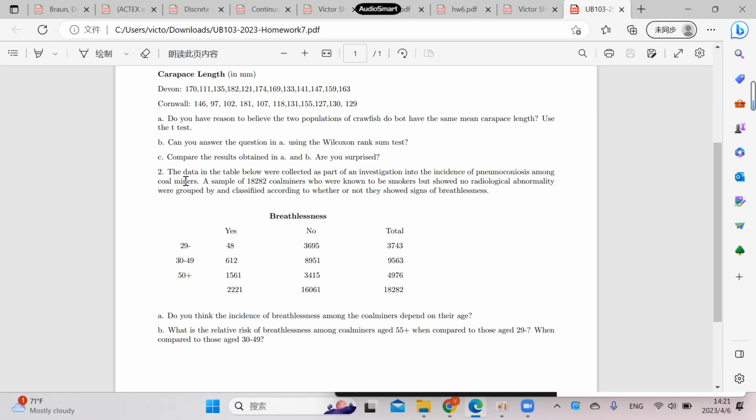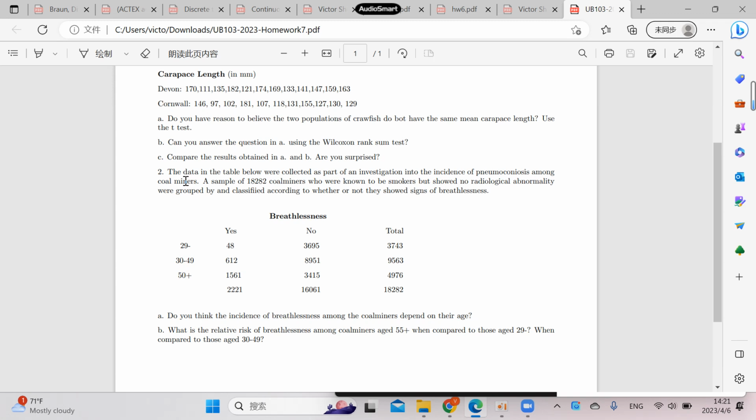So for the first entry, the component in your chi-square is 48 minus 454.7, the whole thing squared, divided by 454.7. And that's the first component of your chi-square statistic. You're going to do this 6 times.